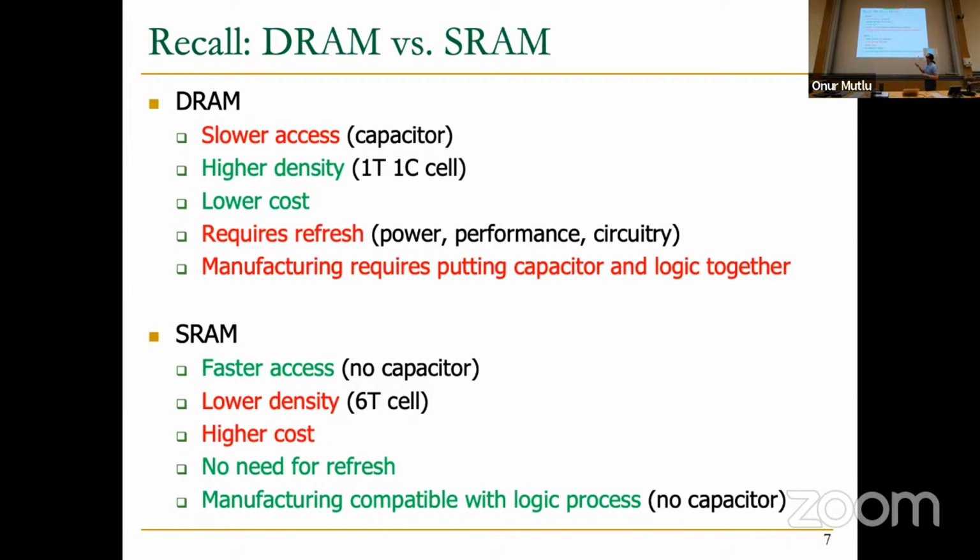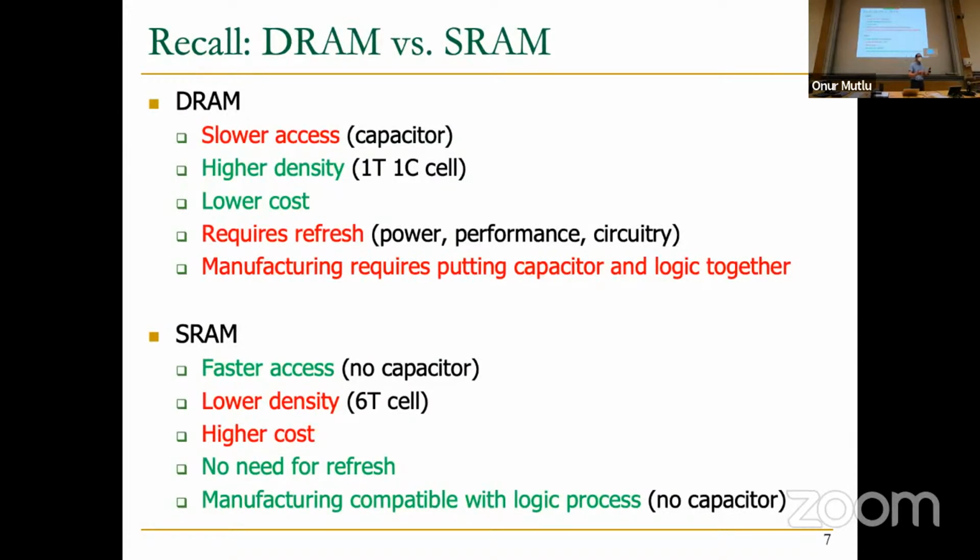And one of the main reasons why DRAM is not integrated onto the processor chip is because of this manufacturing part over here, this last one. Manufacturing requires putting capacitor and logic together. And if you want to optimize the manufacturing for capacitor density, increasing the density of very small capacitors so that they can reliably store charge, that's a totally different fabrication process compared to fabricating CMOS transistors.